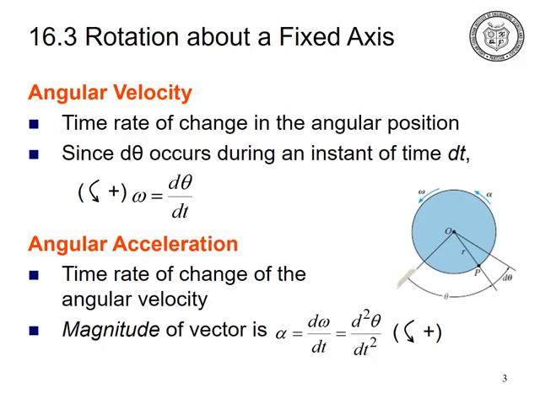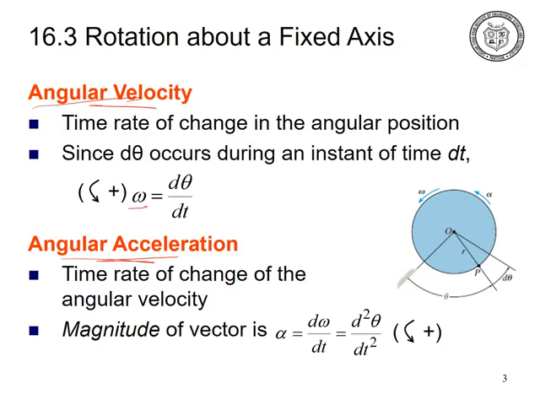Similarly, in the angular motion we again talk about the angular velocity and angular acceleration. The difference is that in the present case the velocity becomes angular velocity and the acceleration becomes angular acceleration.